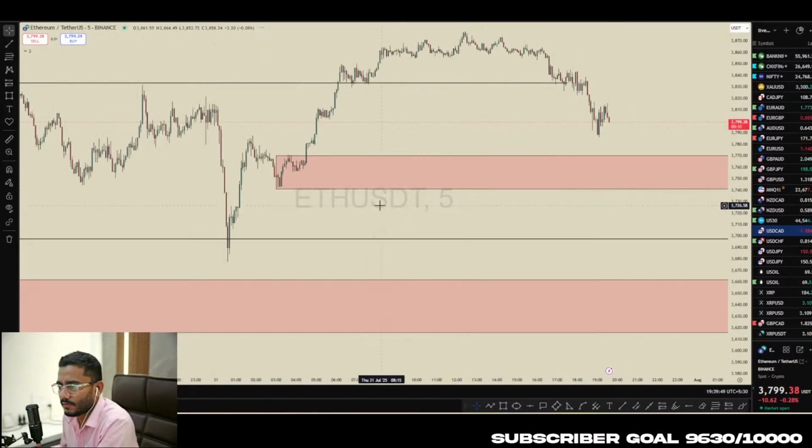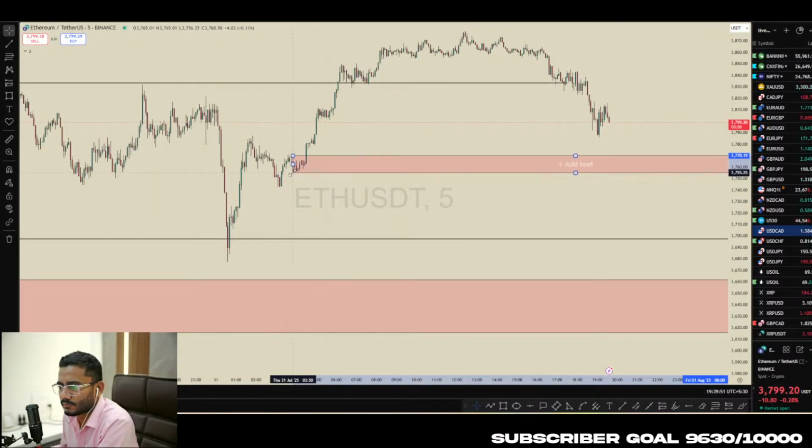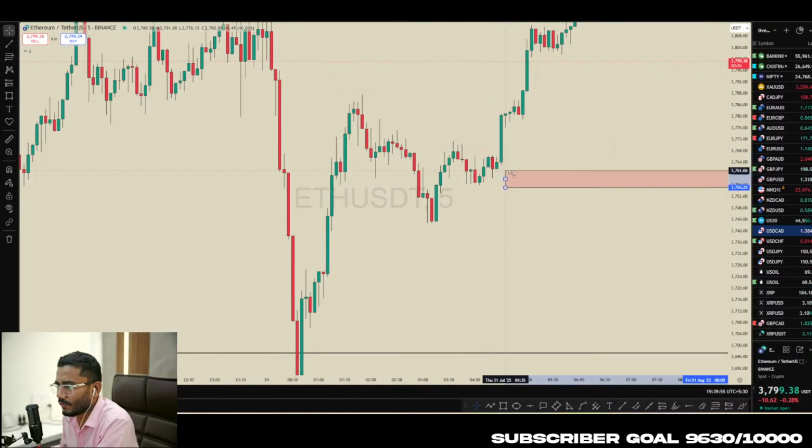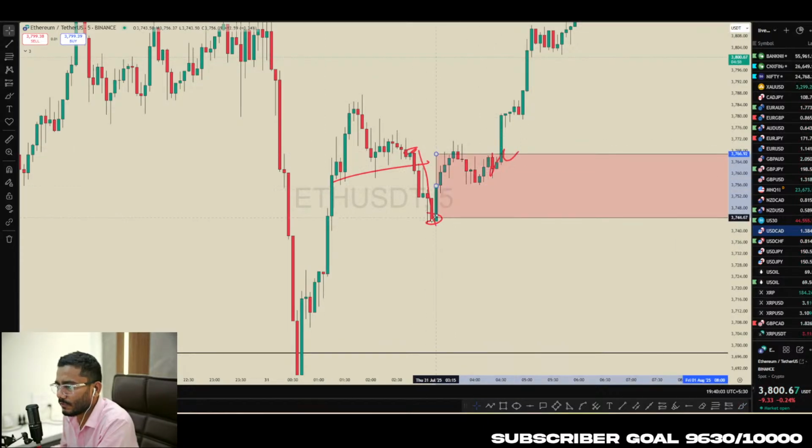So in 5 minutes, I'm not focusing on this order block. I'm focusing on this moment. This moment is more important than this area. So I'll mark this whole move.